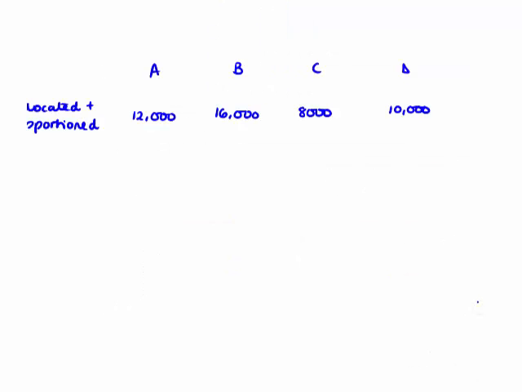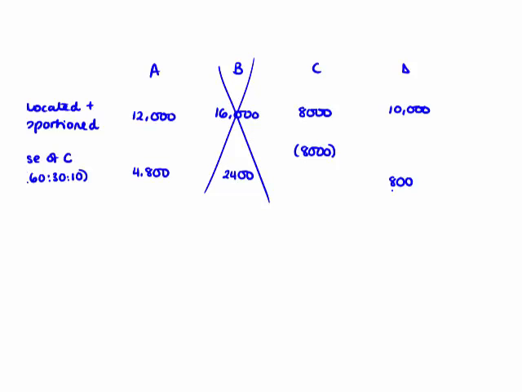So first of all then, what we're going to do is look at the use of C. So we've got $8,000 in C, and we're going to split that out in the ratio 60% to A, 30% to B, and 10% to D. So we're going to have 4,800 in A, 2,400 in B, and 800 in D. Now, strictly speaking, you don't really need to worry about B here because it's not going to impact on our answer.